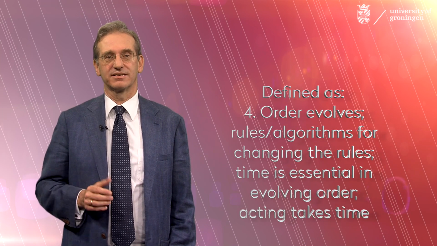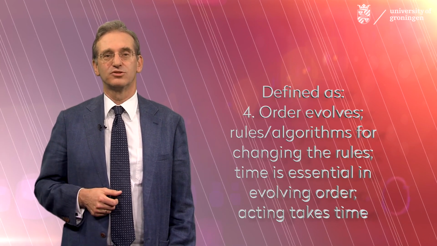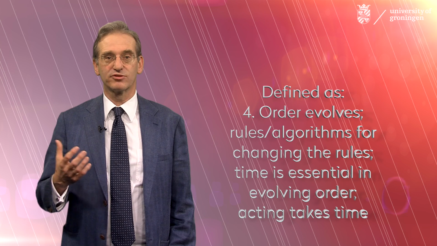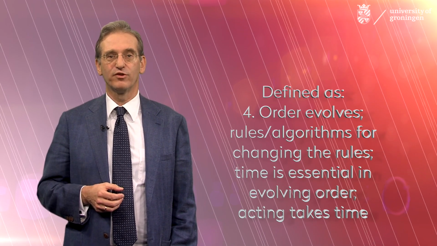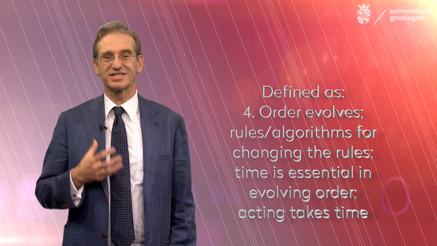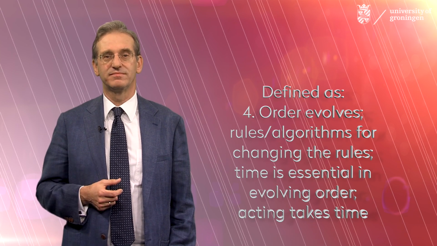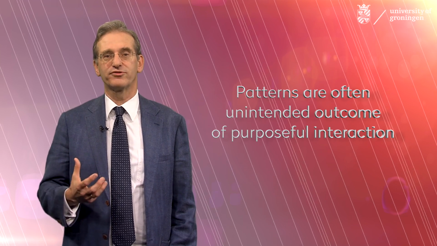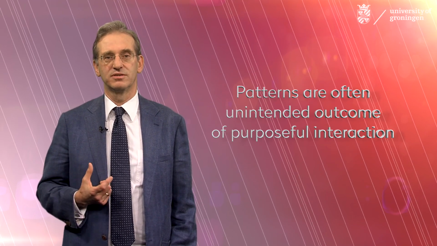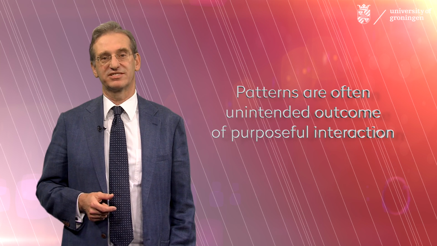Order is not static, it evolves. The rules and algorithms for changing the rules are there, and time is essential in evolving order, because acting takes time. And these general outcomes, these patterns that emerge, are often the unintended outcome of purposeful interaction.